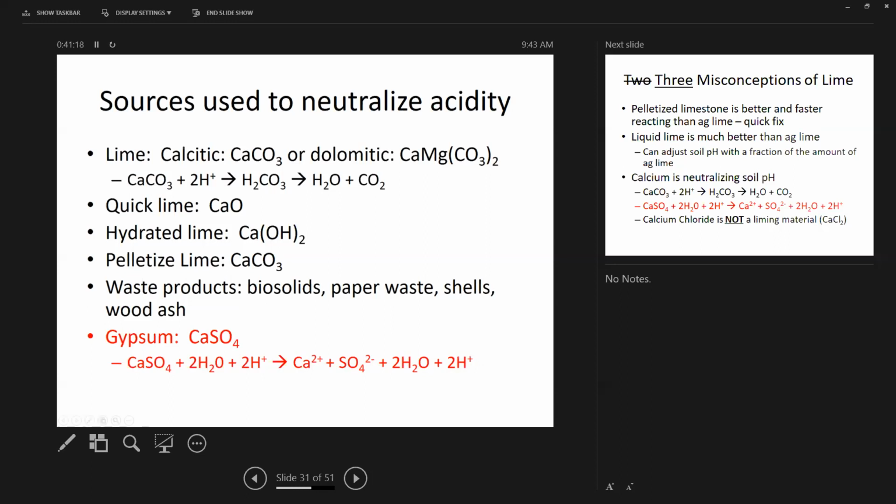Paper waste, that's very alkaline. One of the first things ever used to neutralize acidity were seashells, these carbonates. And then wood ash. If you're in an area where they're growing a lot of, say, dark fired tobacco, spread those wood ashes out on your pasture or somewhere, because that has a tremendous liming ability.